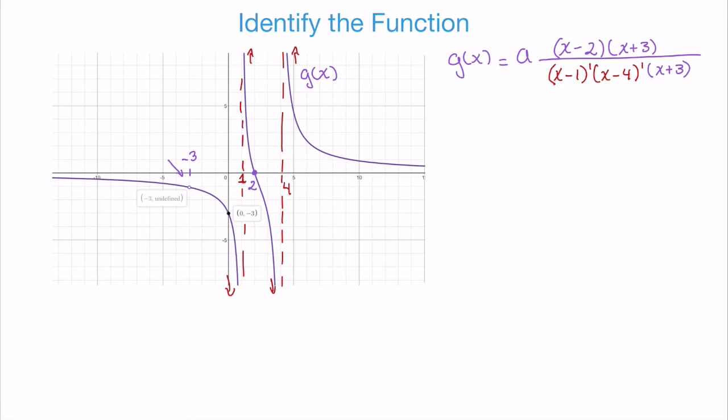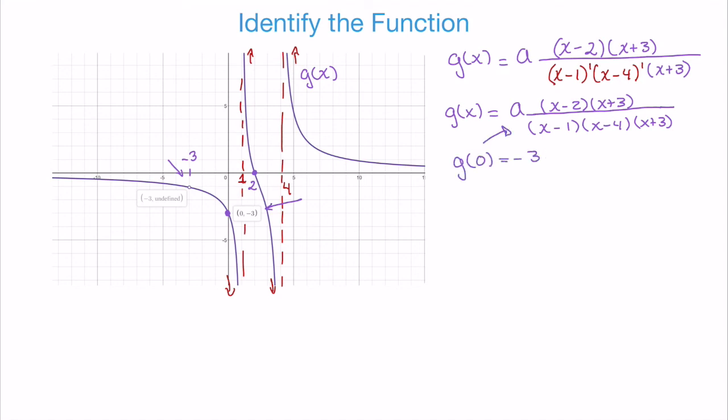So far, the equation looks like a times (x minus 2)(x plus 3) over (x minus 1)(x minus 4)(x plus 3). To find a, we look at the y-intercept, which is here, and that tells us that g at 0 equals -3.